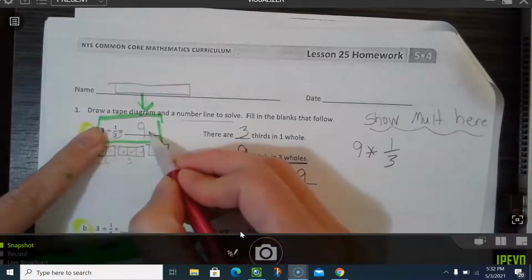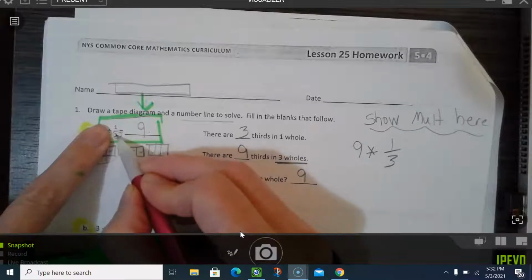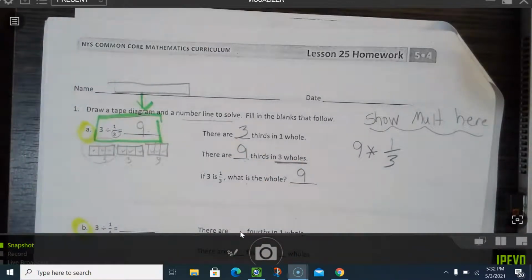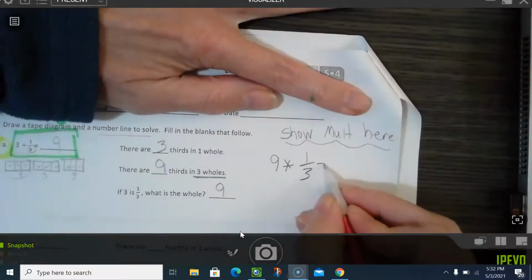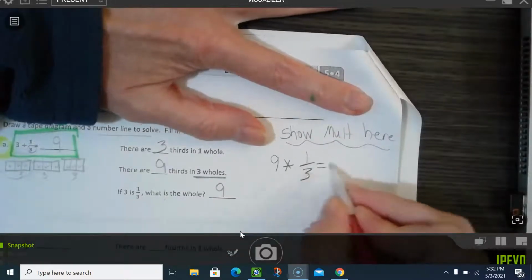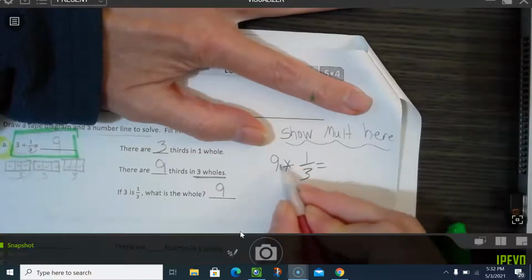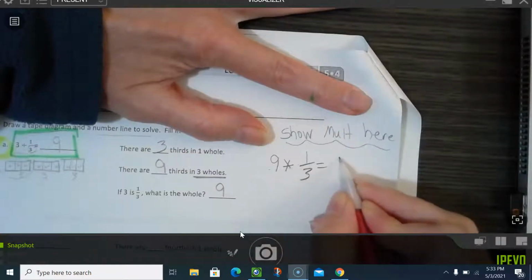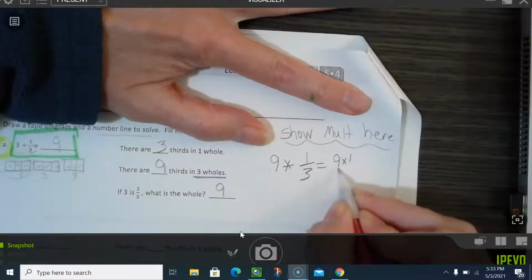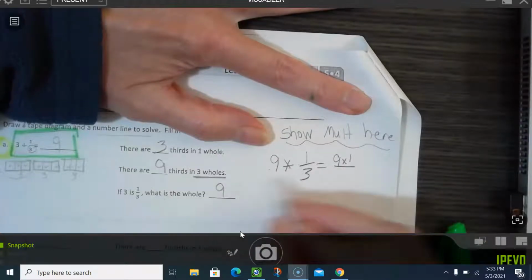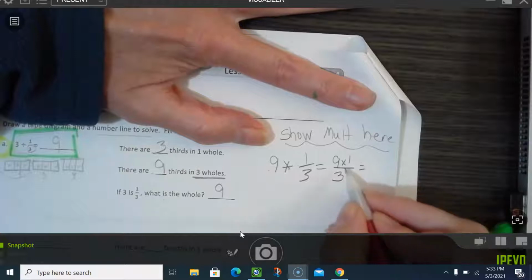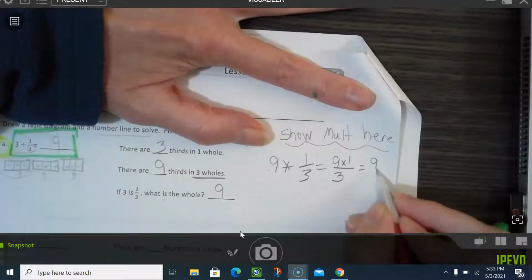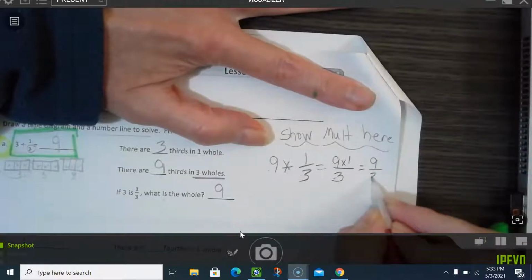So 9 multiplied by 1/3 should give me 3 if I do this correctly. And then I'm just going to rewrite this as my multiplication over a fraction. So this technically means 9 times 1 over, my partitioning isn't going to change. That denominator will stay the same. Then if I take 9 times 1, that's 9. My denominator stays the same.